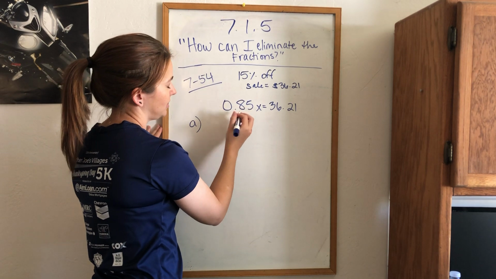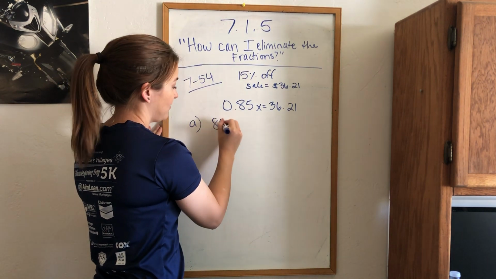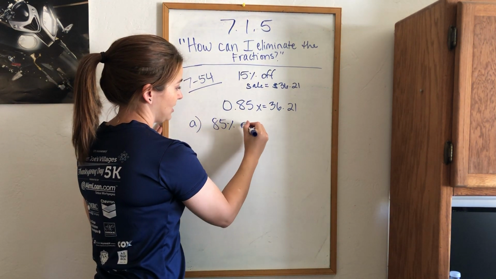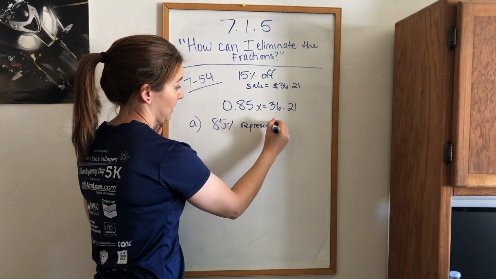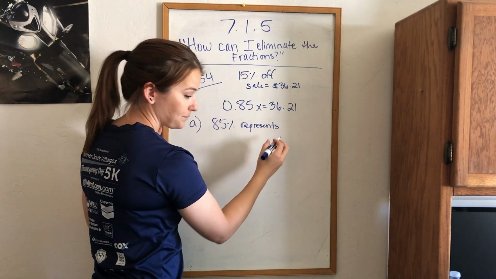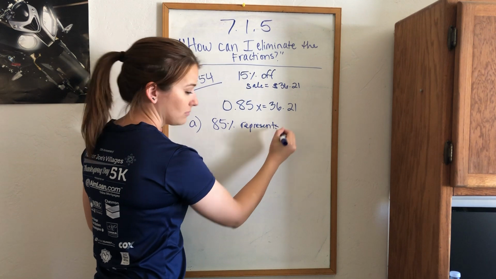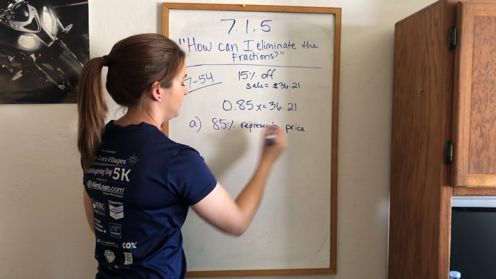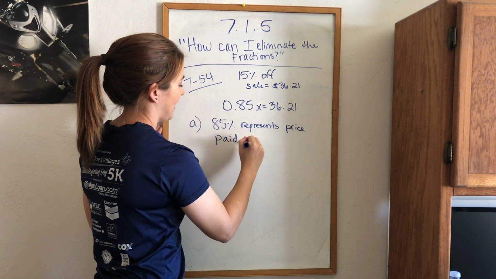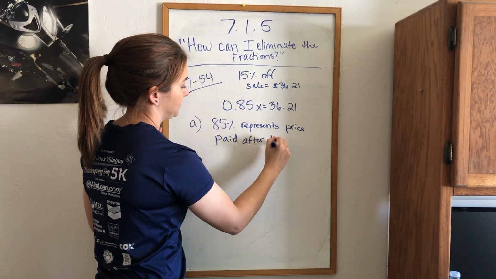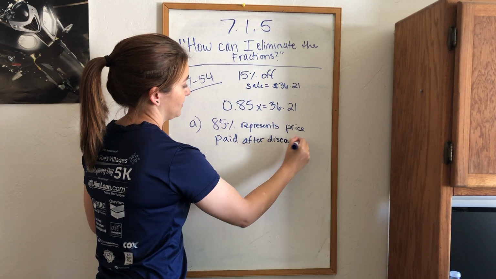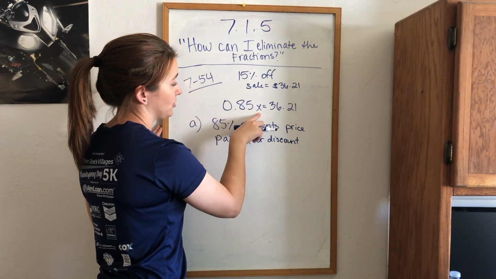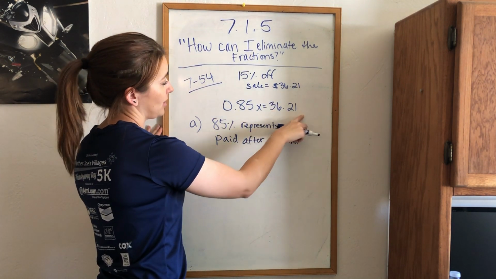So I'm going to write it here. 85% represents the price paid after the discount of 15%. So if you calculate 0.85 times the total, you'll get the sale price.